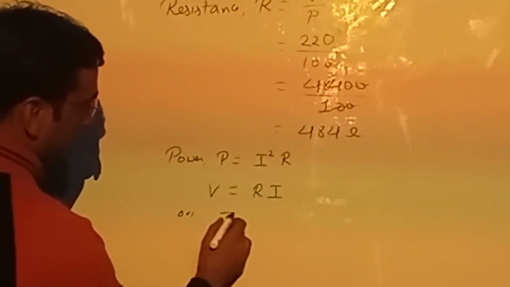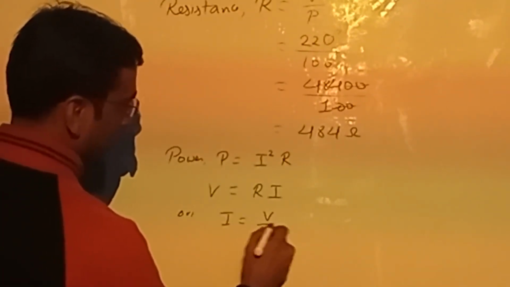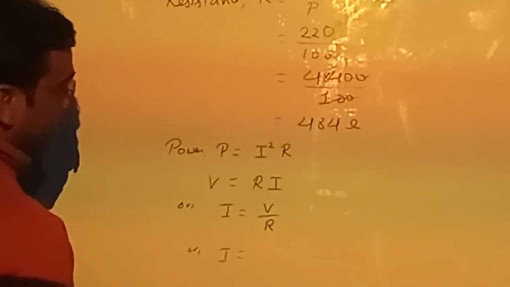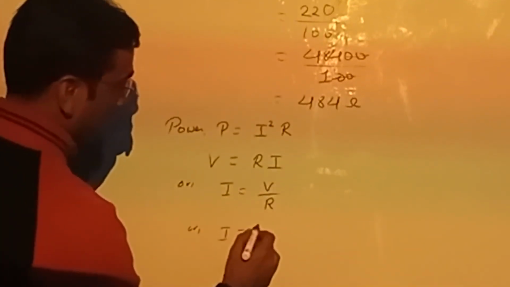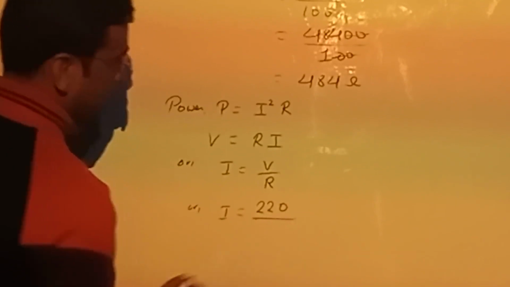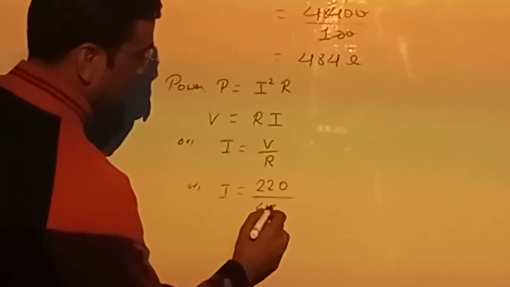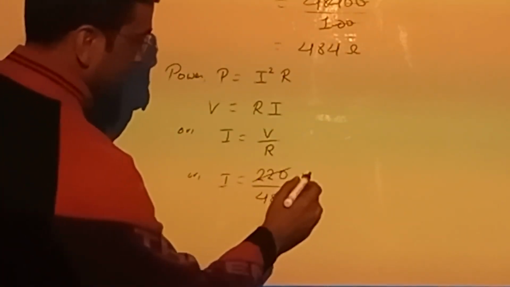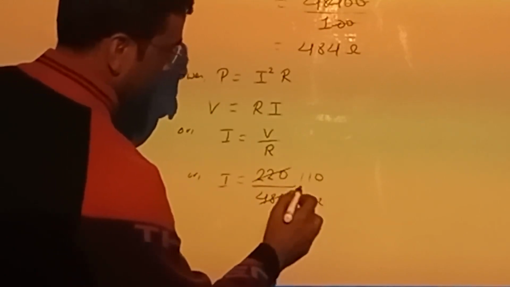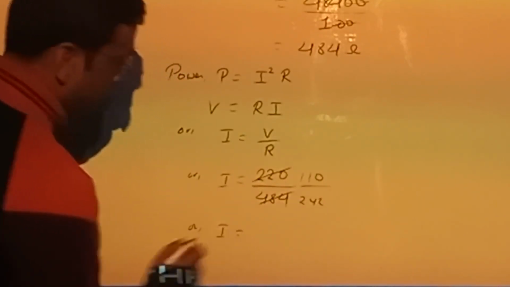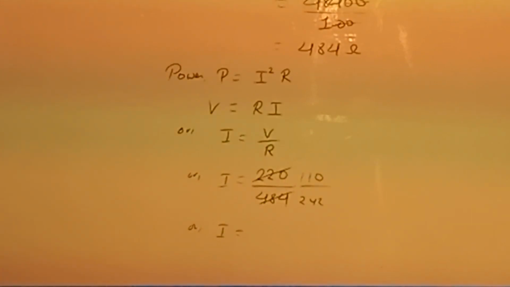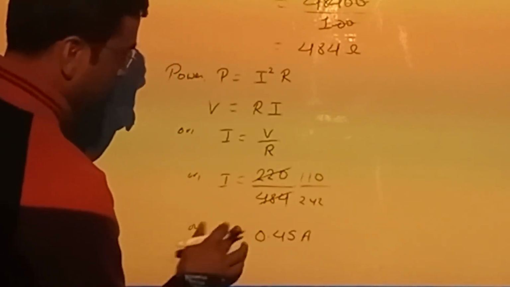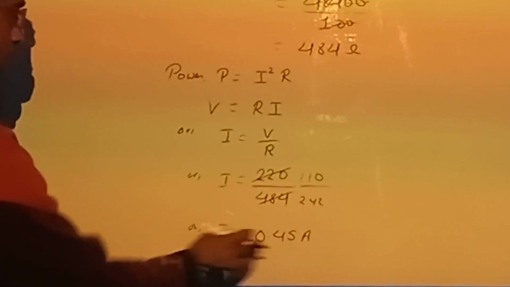So current I equal to potential difference upon resistance, where the potential difference V is 220 volts and the resistance is 484 ohm. Calculating it, we get 0.45 ampere, the approximate value of our current.